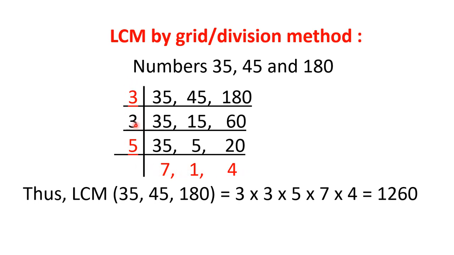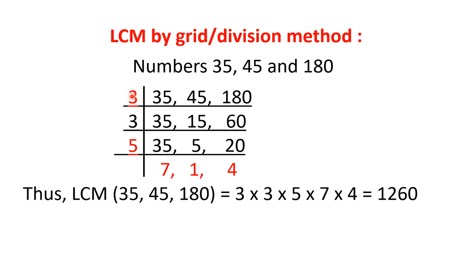So after we have stopped there, I repeat again, keep dividing till you can divide at least two numbers simultaneously. At the point when you cannot divide at least two numbers simultaneously, stop dividing there and then multiply all the divisors, which are written vertically here, with all the quotients received down below.